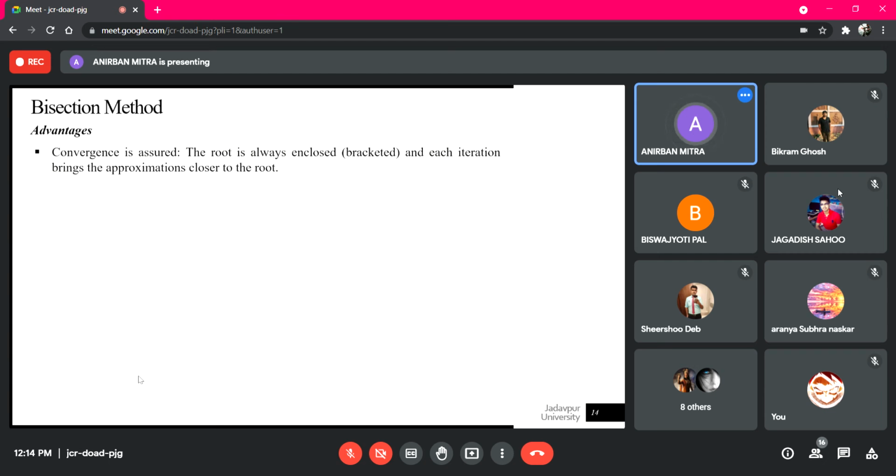Each iteration brings the approximation closer to it. There is no way that you are going to consider an interval which does not contain the root. If you apply it appropriately, then your search interval always contains the root and convergence is assured.